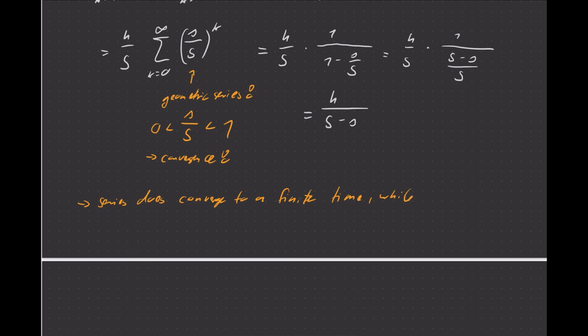And the flaw in the argument is that it suggests that this series does not converge. It suggests that the time goes to infinity, and that is just not the case. So the problem here is that an infinite sum of smaller and smaller arguments may not converge, may not tend to infinity, but it may converge to a finite number.